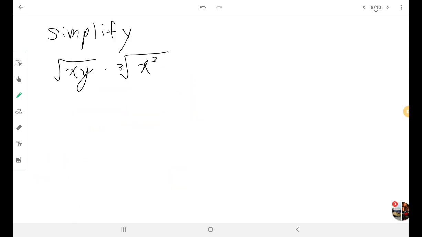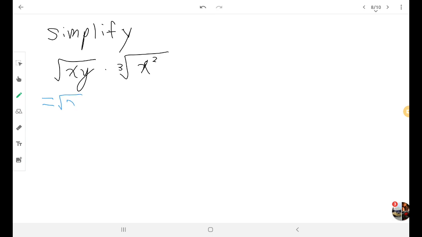So now we're going to see what happens if I've got different types of roots. I've got a square root and I've got a cube root. What I can't do is just clump them all together because they're not the same type of root. So then the strategy becomes I'm still going to separate everything as far as I can here. So I can pull apart the square roots.